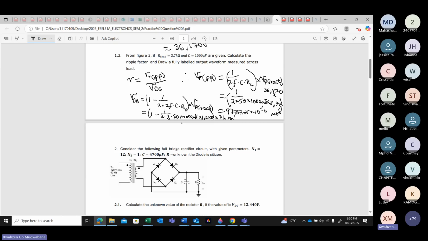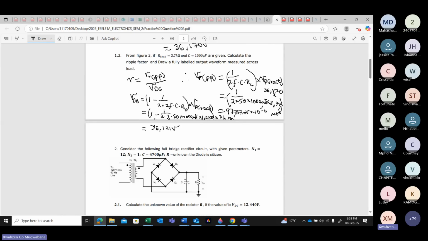When you punch it on the calculator, you get 36,121 volts. That is your VDC.